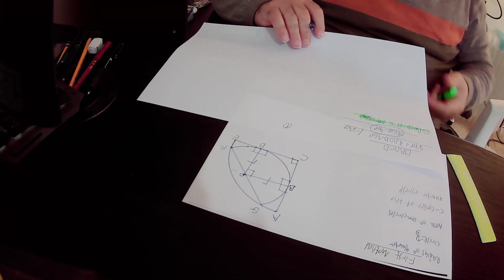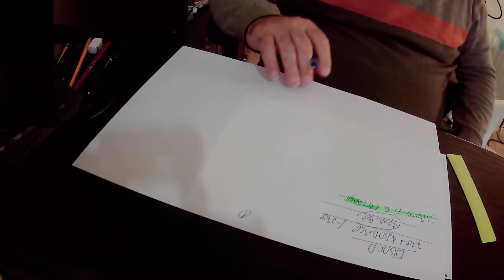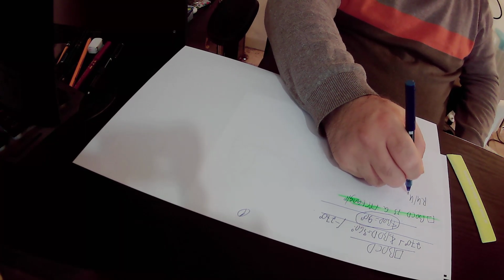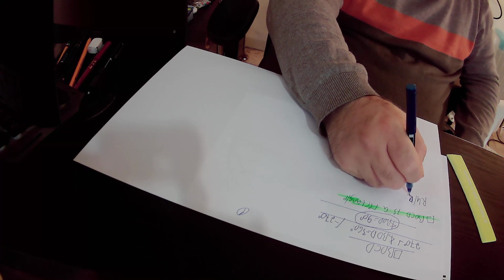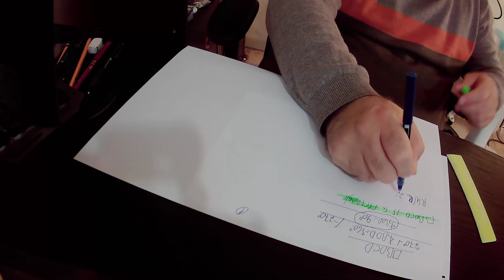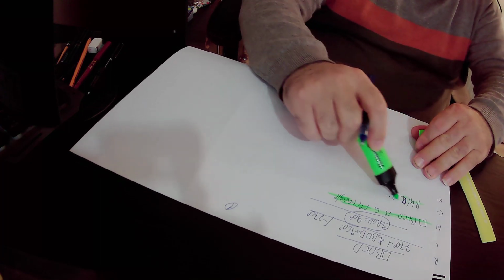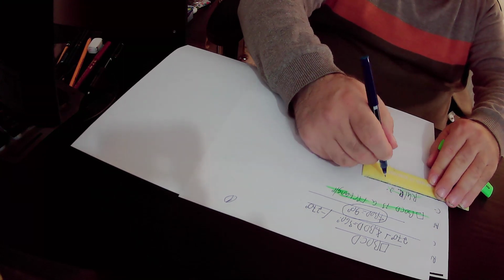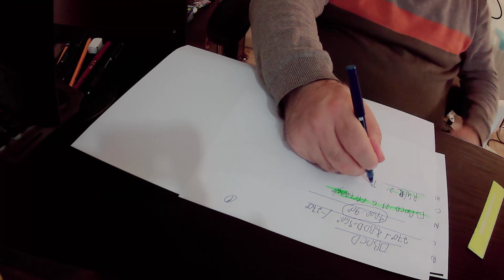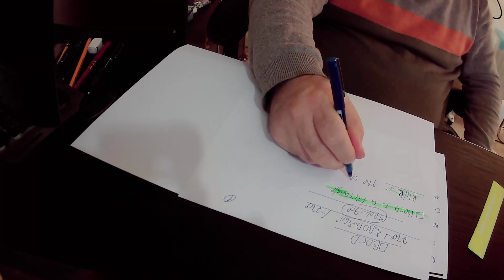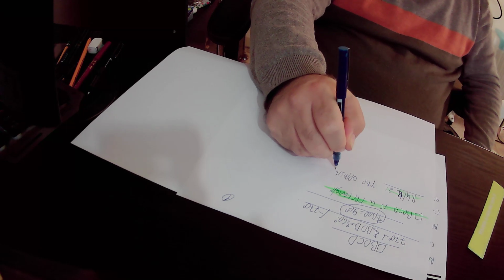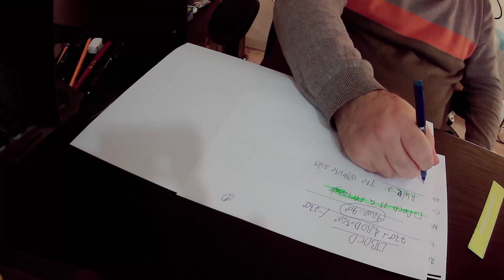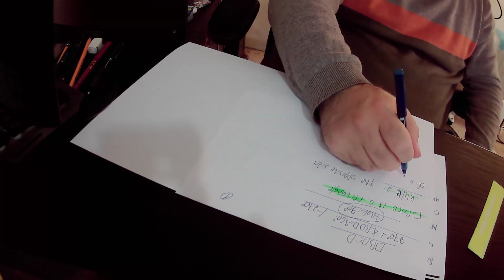And we have also rule number 2. According to rule number 2, the opposite sides of a rectangle are equal to each other. I write it down. The opposite sides of a rectangle are equal to each other.